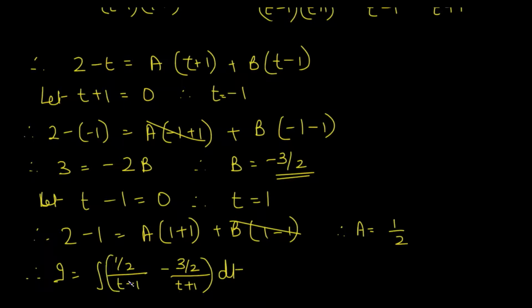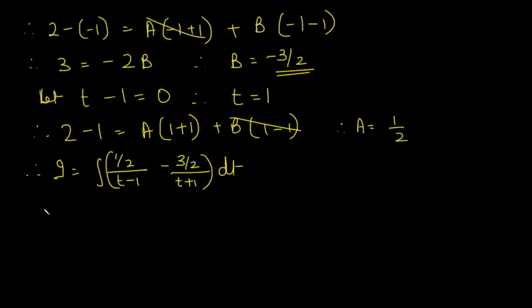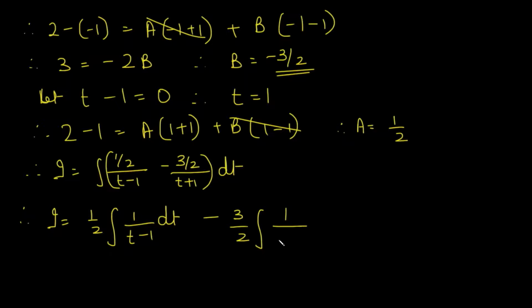Now we solve this. We can separate out the integrals also in order to solve it. So therefore, I is equal to 1 upon 2 integral 1 upon t minus 1 dt minus 3 upon 2 integral of 1 upon t plus 1 dt.